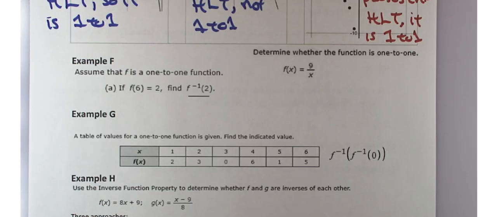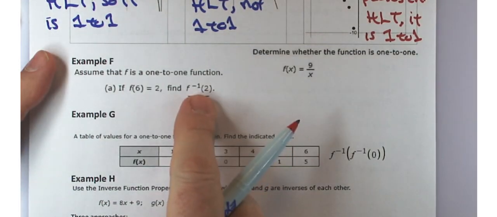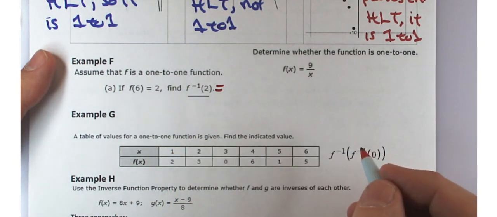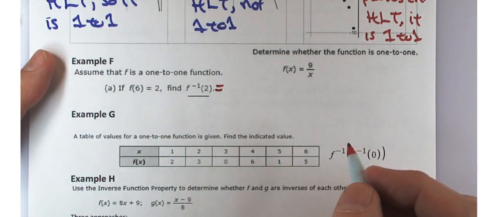What are we thinking on this one? Millie, what do you think? If you input a 2 into the inverse function, what should I output? Would it be 6 or?